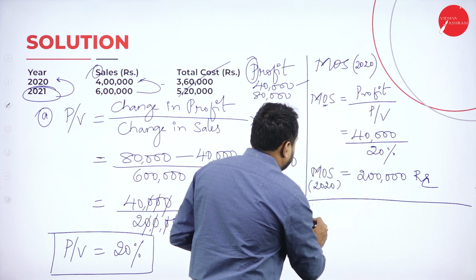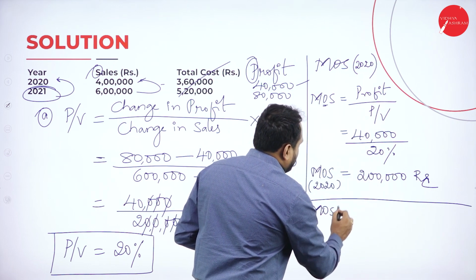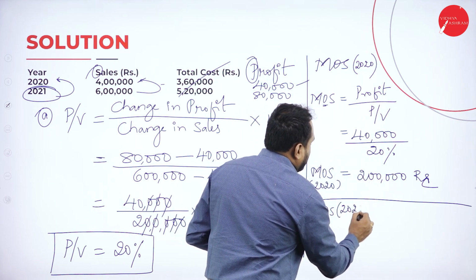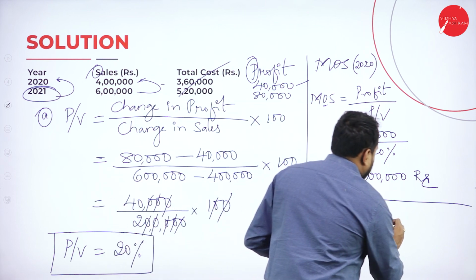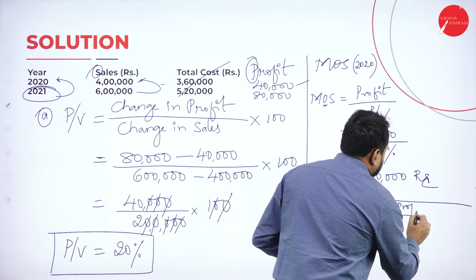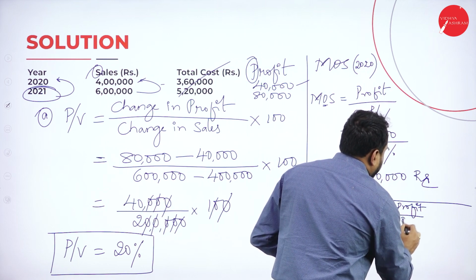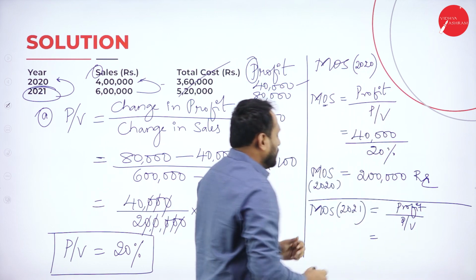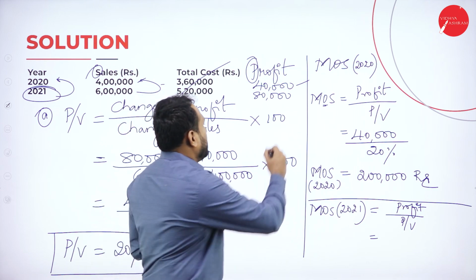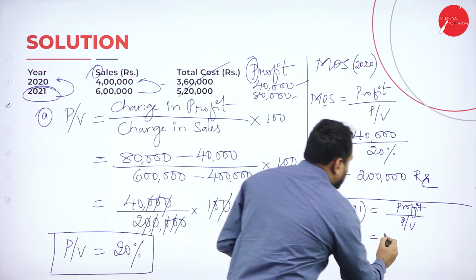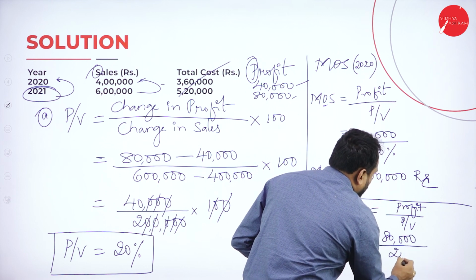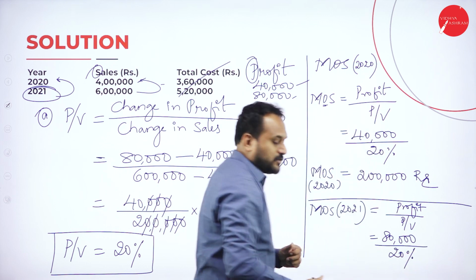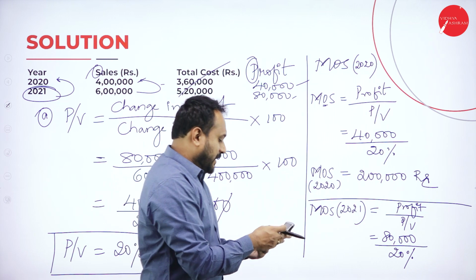Next, we have something called MOS for 2021 is equal to, what is the MOS formula? That is profit divided by PV is equal to 2021. What is my profit? My profit is 80,000. So it is 80,000 divided by 20%. So I'll go with 80,000 divided by 20.